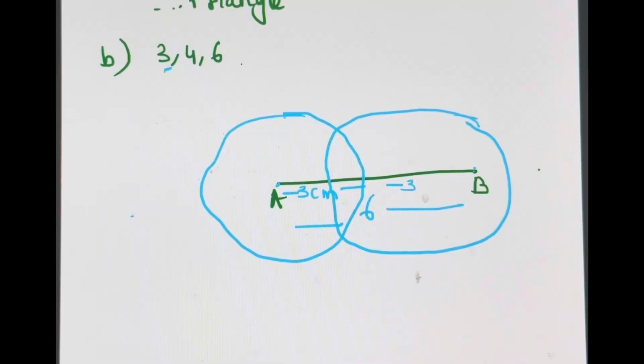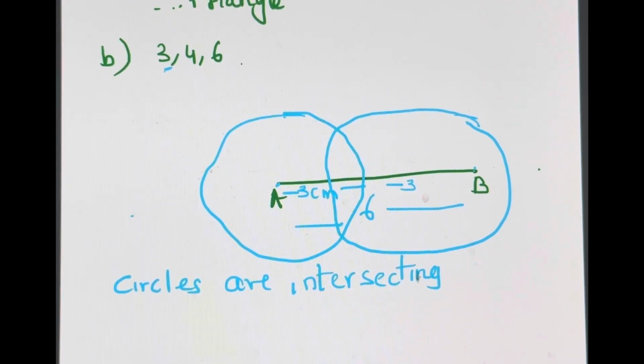So we can see that the circles are intersecting each other. And not only at one point, they are intersecting at 2 points. That is important.